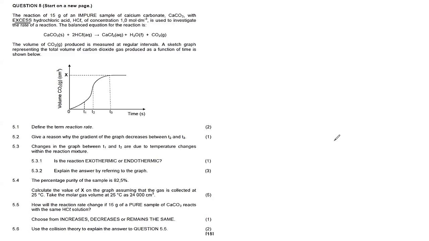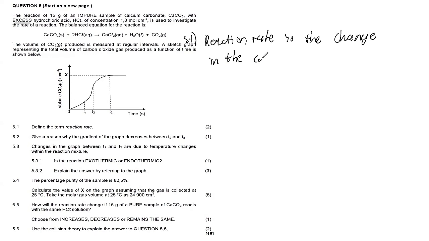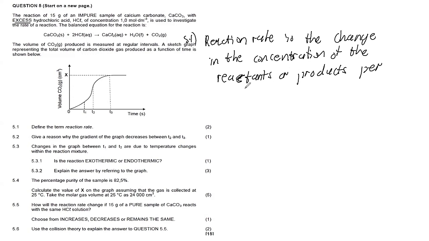So we already know the definition. For 5.1, we say reaction rate is the change in the concentration of the reactants or products per unit time, right?